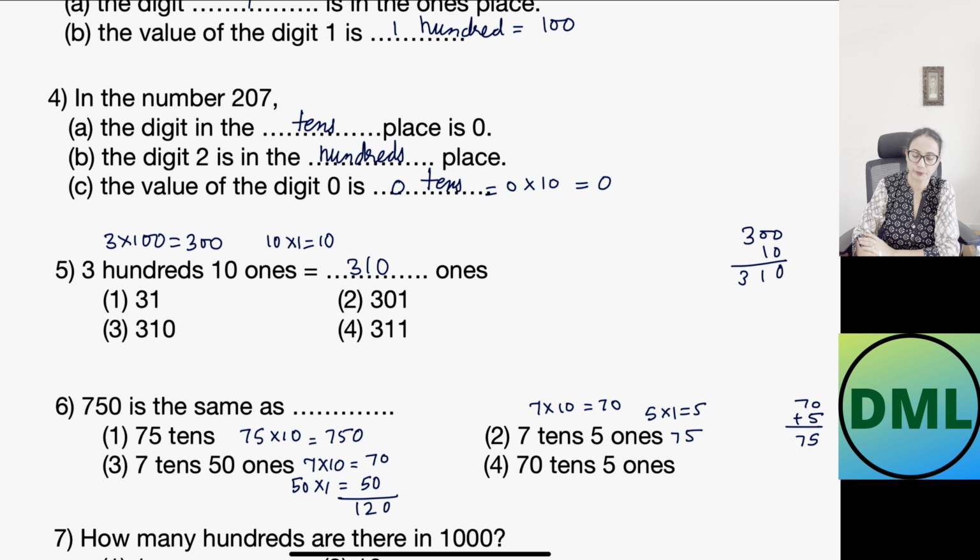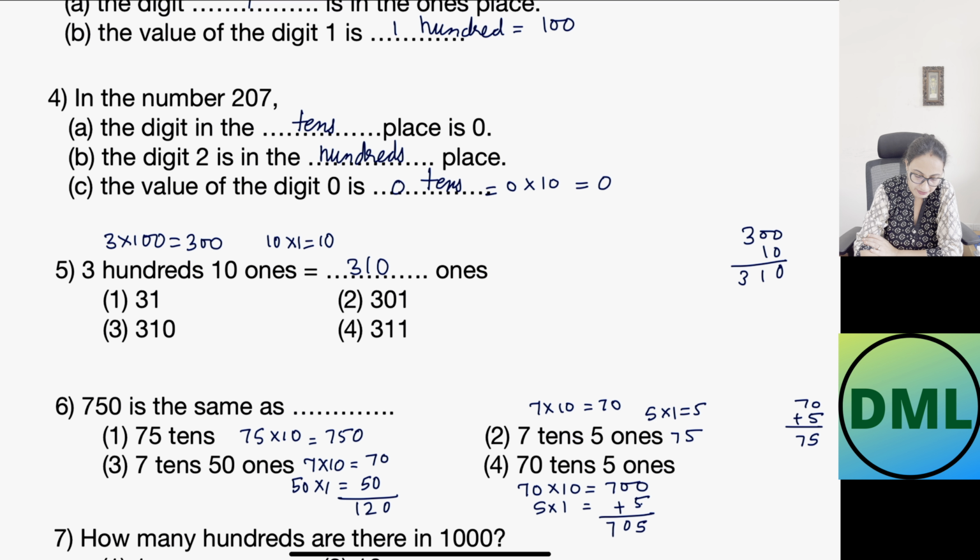Let's see the fourth option here. 70 tens, 5 ones. Let's substitute the values here first. 70 tens is 70 multiplied by 10, which is equal to 1 times 7 is 7 and there are 2 zeros here. 5 ones is 5 multiplied by 1, which is equals to 5. If I add it, my answer is 5 plus 0 is 5, 0 and 7.